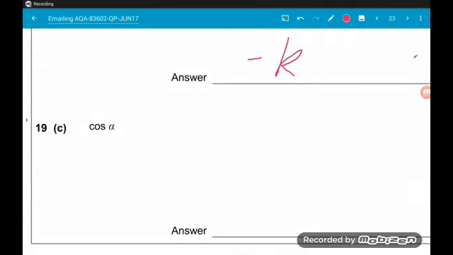Okay, and then for part C we want cos of alpha. So for this we need to use one of our trigonometric identities, namely sine squared plus cos squared is equal to 1. Now we know that sine of alpha is k, so sine squared of alpha is k squared.